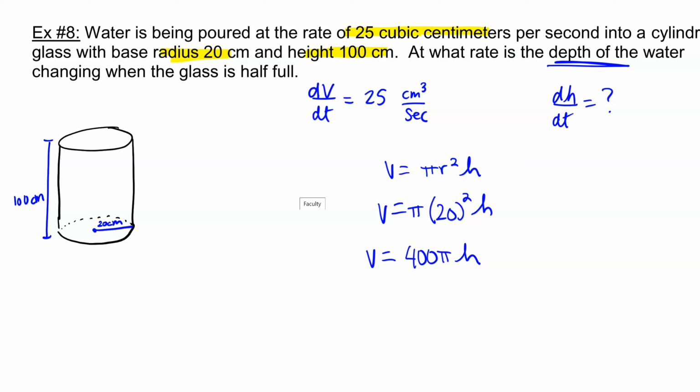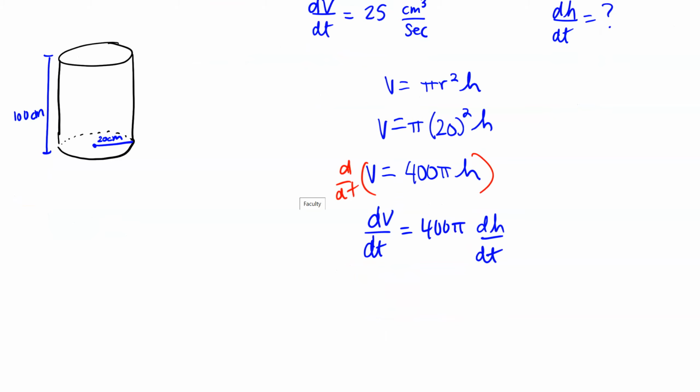Okay. Take d/dt of all. So dV, the amount the volume is changing per time, my rate of change of volume, is equal to 400 pi times dh/dt. So 25 over 400 pi.